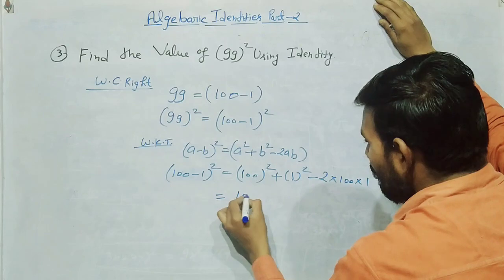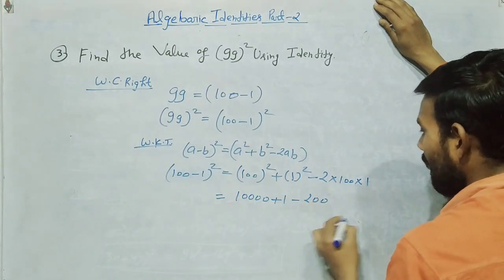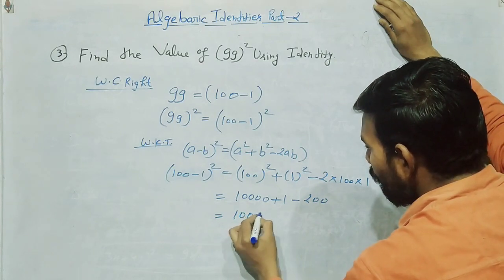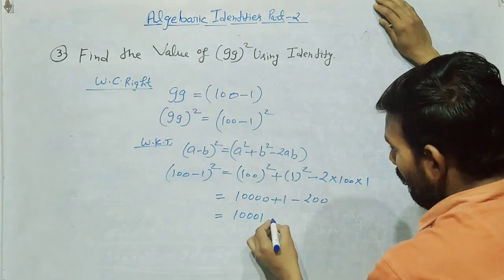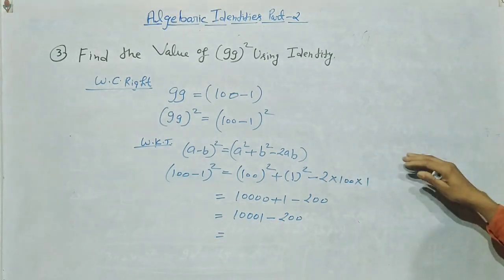That means 10,000 plus 1 minus 200. 10,001 minus 200. Here we can say what is the answer.